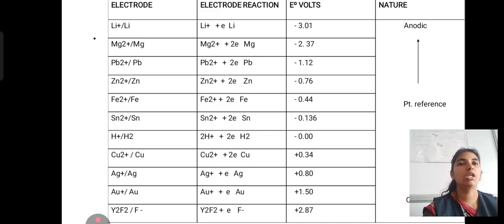The next variation shows the electrode reactions and their nature. Whenever the electrodes are given more negativity towards the anodic and cathodic process, there is a major source which has more tendency to accept an electron, that is Li plus bar Li.